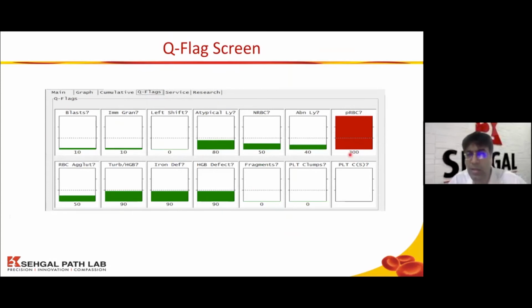So basically, these are algorithms which are set by the companies. Generally, these algorithms given by the companies cannot be changed. So compared to your quantitative flags, where the number value of your neutrophilia, neutropenia can be changed, the algorithm for how the machine detects IRBC or NRBC in your particular model generally cannot be changed.